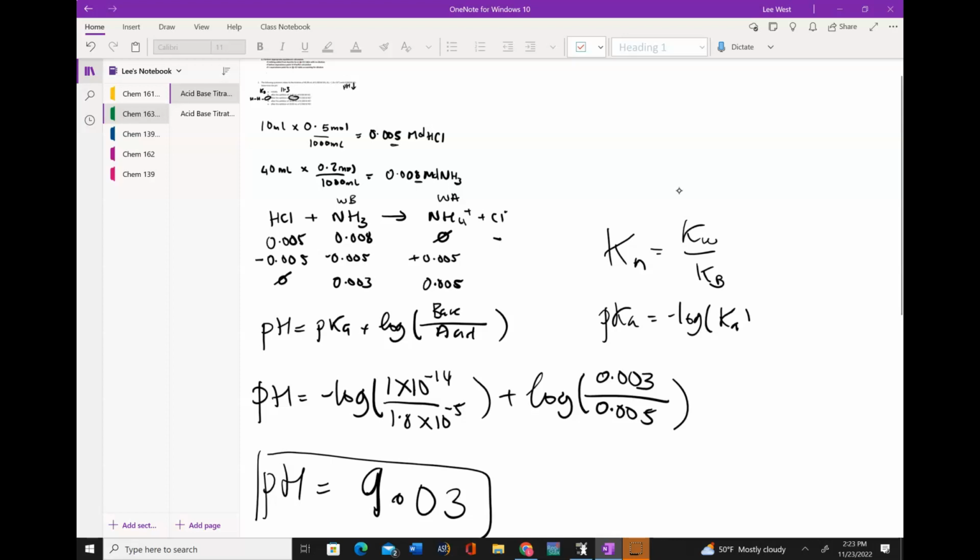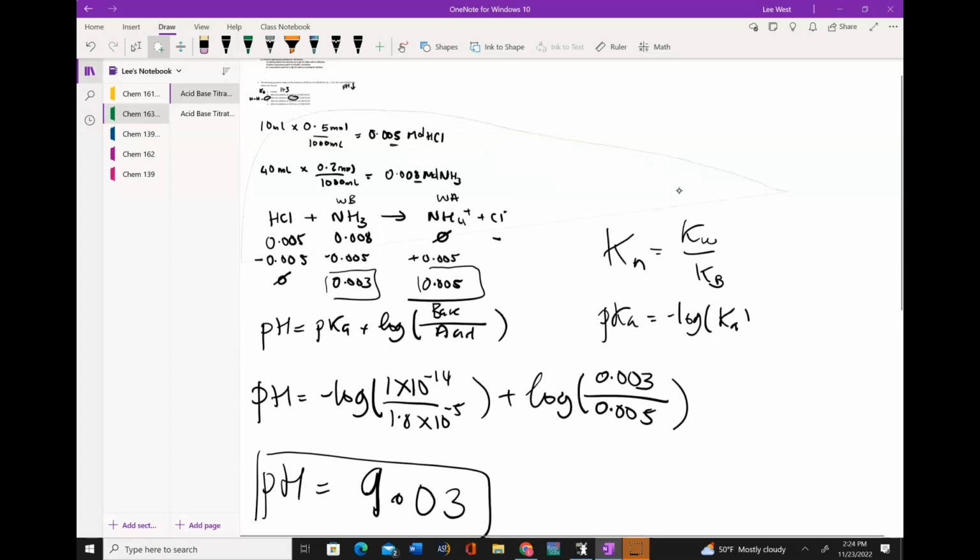Once we'd figured that out, we figured out how much of our weak base was unreacted and how much of its conjugate acid had been produced. Once we got those two numbers, we put them into Henderson-Hasselbalch to get the new pH, and then we checked that our titration was heading in the right direction. So again, it's doable, but it's not trivial.